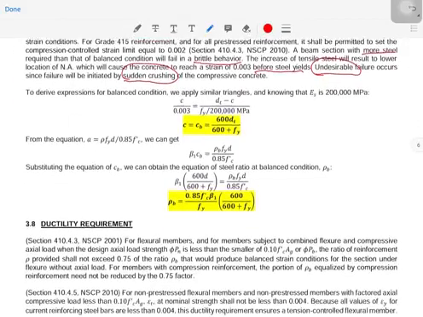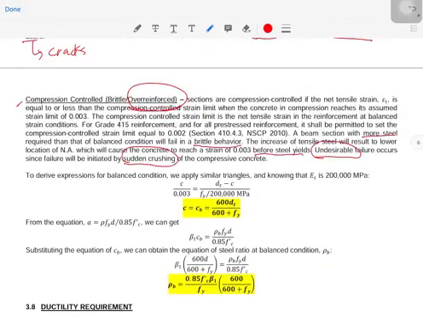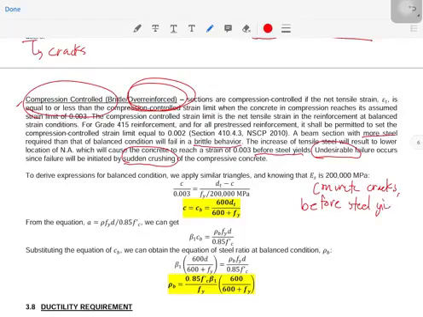The same with the over reinforced design, or with the compression control, wherein concrete cracks before steel yields. So that's why it is considered as brittle design, because your concrete will fail first, before steel yields, before your steel will fail.